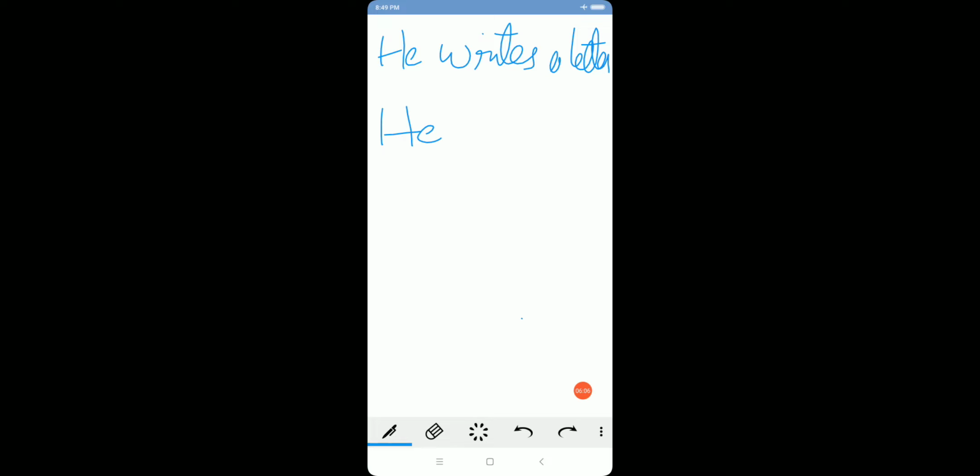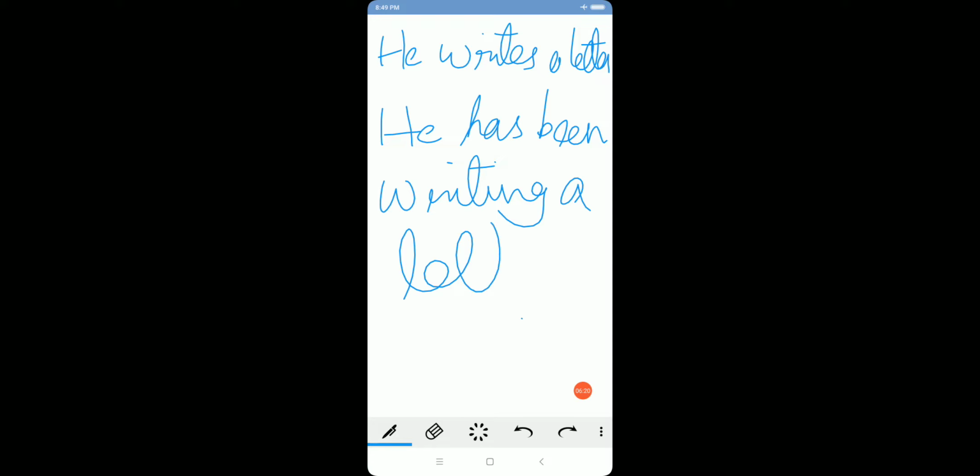He, next we have to use the auxiliary verb. We are using has since he is singular. Then he has been writing, verb plus ing, a letter. So he writes a letter. He has been writing a letter.